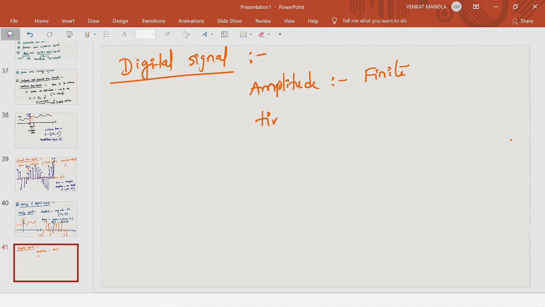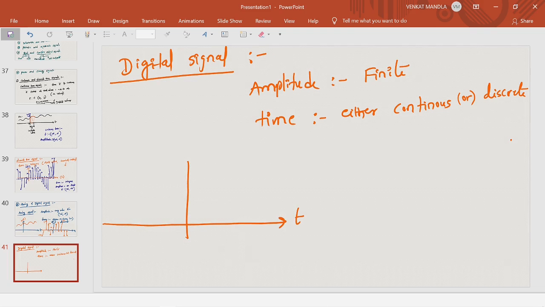And time is either continuous or discrete. I'll give an example. Suppose time is t, continuous. Then the amplitudes should be finite. Suppose I take amplitudes like this.